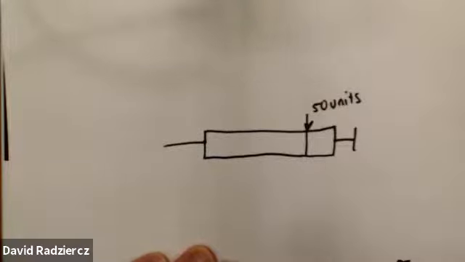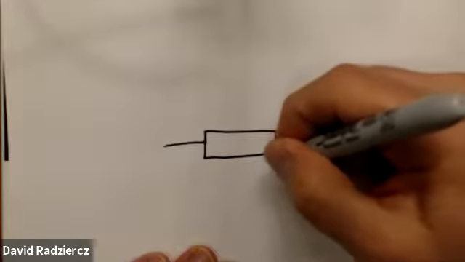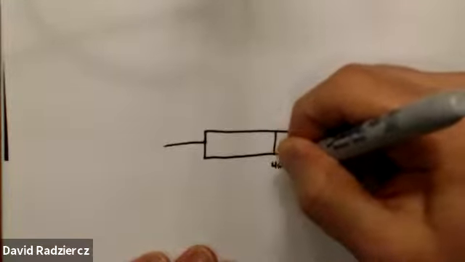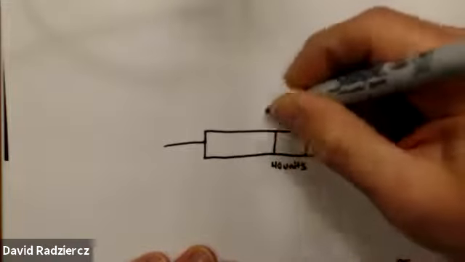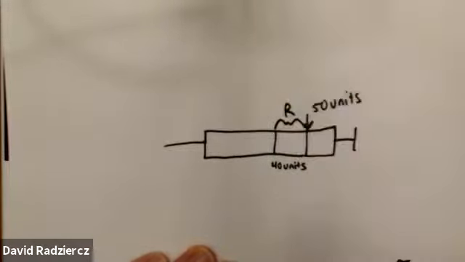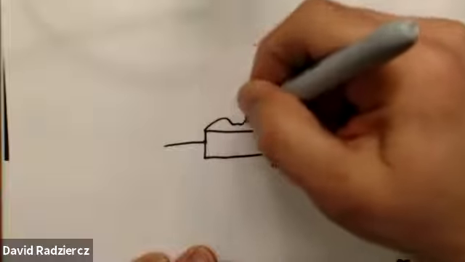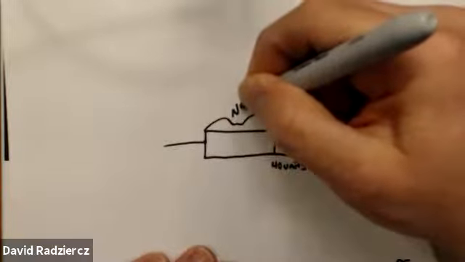Between 40 and 50, this is the 40 unit mark. I'm just going to say 40 units. This area right here is where your regular insulin would be positioned. And then the remainder of the insulin, the NPH, would be in this area here.